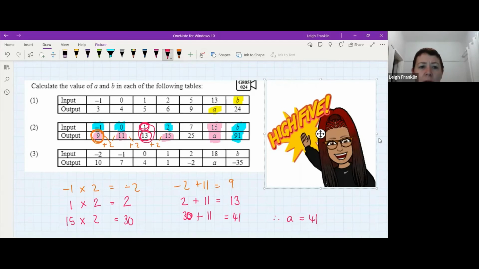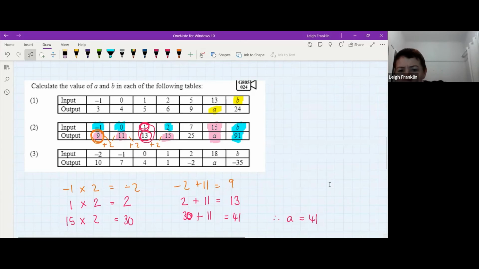Tolana, you are saying that our rule is times by 1 and plus 2. So in other words, output can be calculated by taking input, timesing it by 1, and then plusing 2. Let's see if that works.